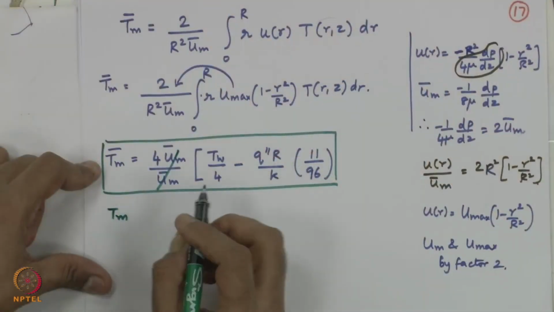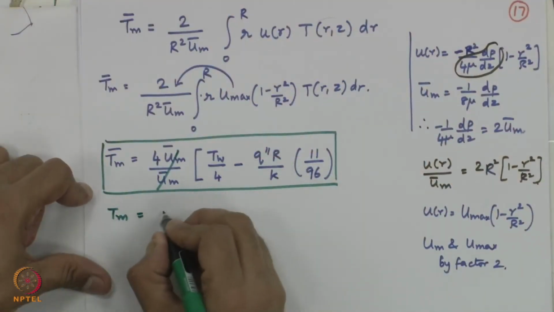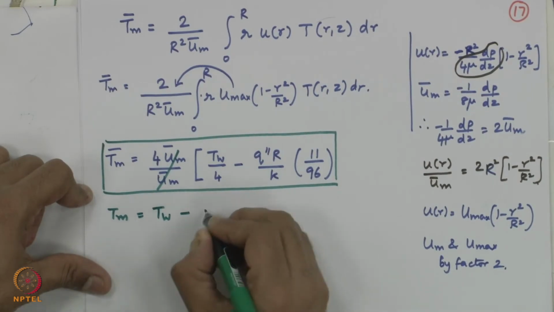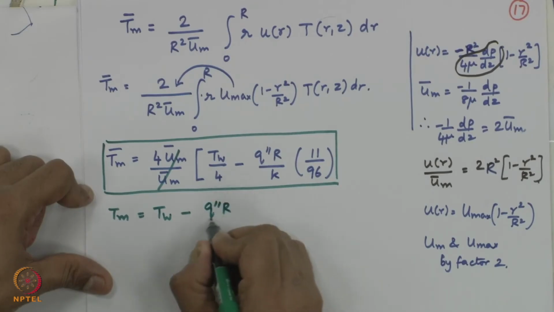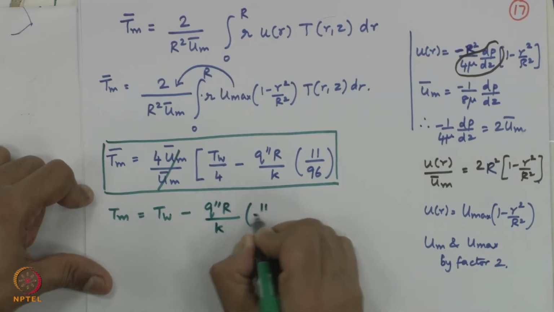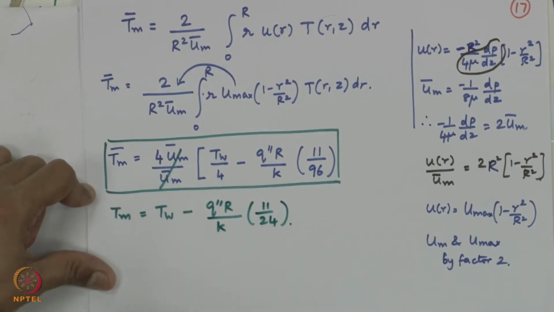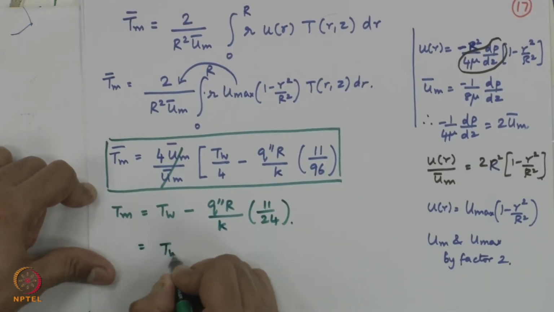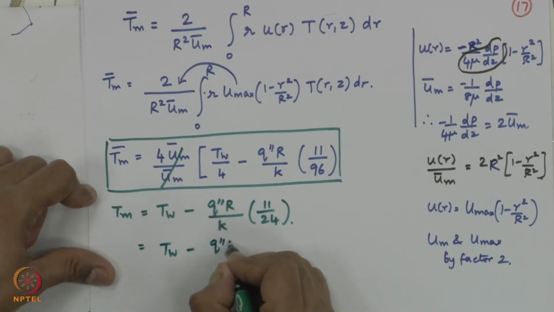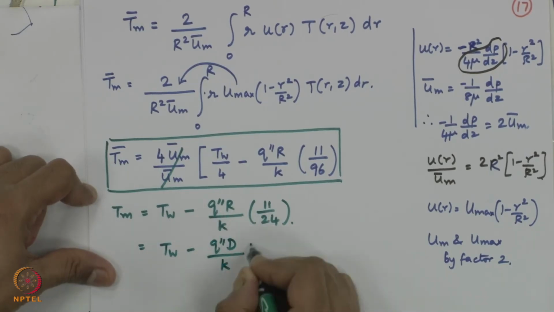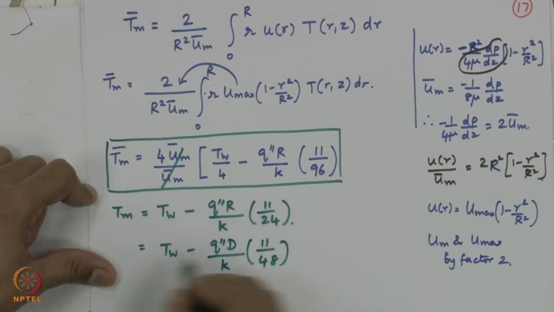I am left with simplifying this. So, this cancels off, and T bulk mean is equal to T w minus q double prime R by k into 11 by 24, which is nothing but T w minus, I multiply and divide by 2, 2R is nothing but the diameter, and I get 11 by 48.